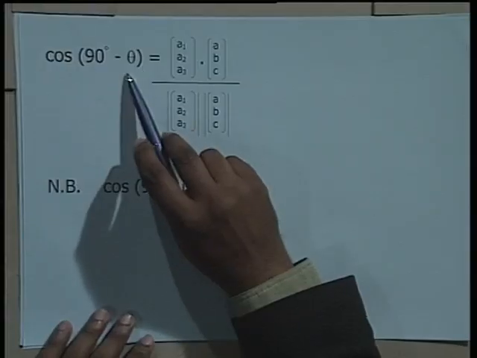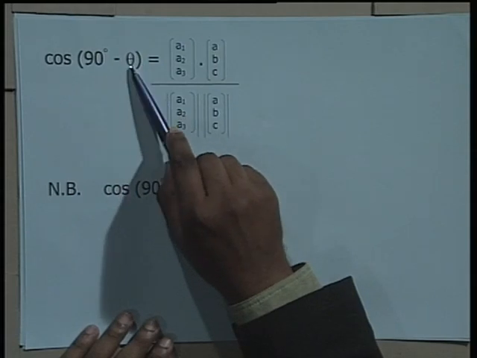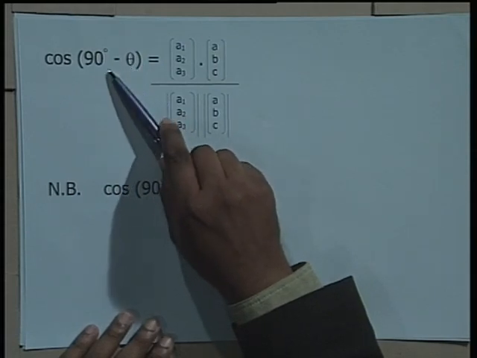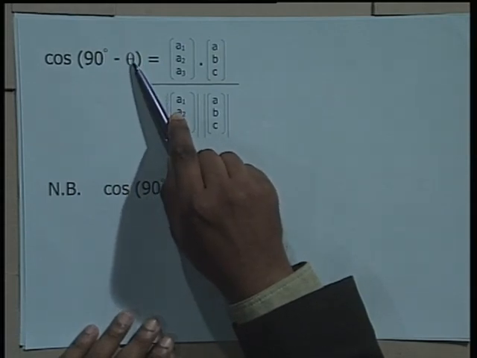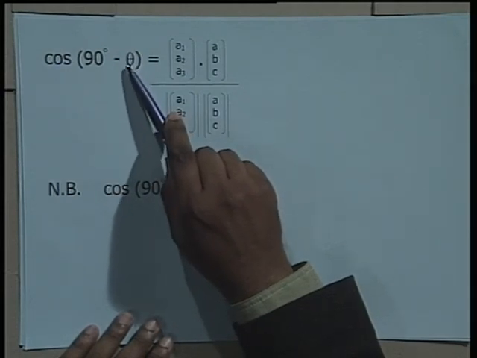So again, we'll be using the dot product to find the angle between the line and the vector perpendicular to the plane. So cos of 90 minus theta. As I said, we won't find theta first; we would find 90 degrees minus theta, which is the angle between the line and the vector perpendicular to the plane.